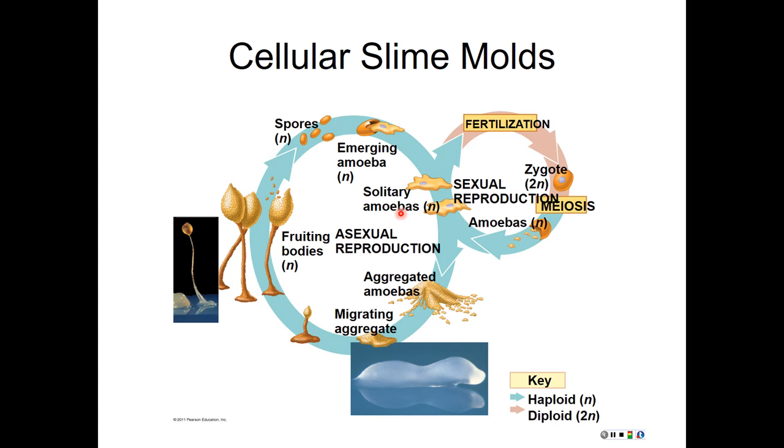And again, these are amoeba type cells. But when food becomes scarce, the cells will aggregate and function as a multicellular organism.